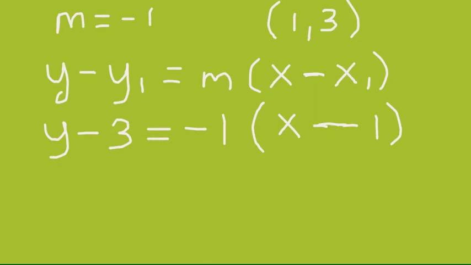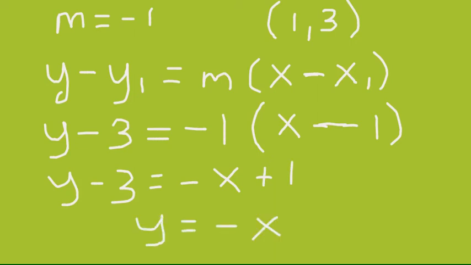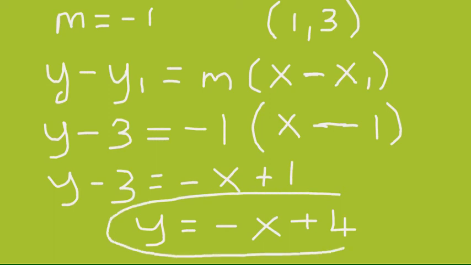Okay, so then we simplify this. We get y minus 3 equals negative x plus 1. And if I add 3 to both sides, we get y equals negative x plus 1 plus 3, which is plus 4. And that's my equation of the line going through those 2 points.